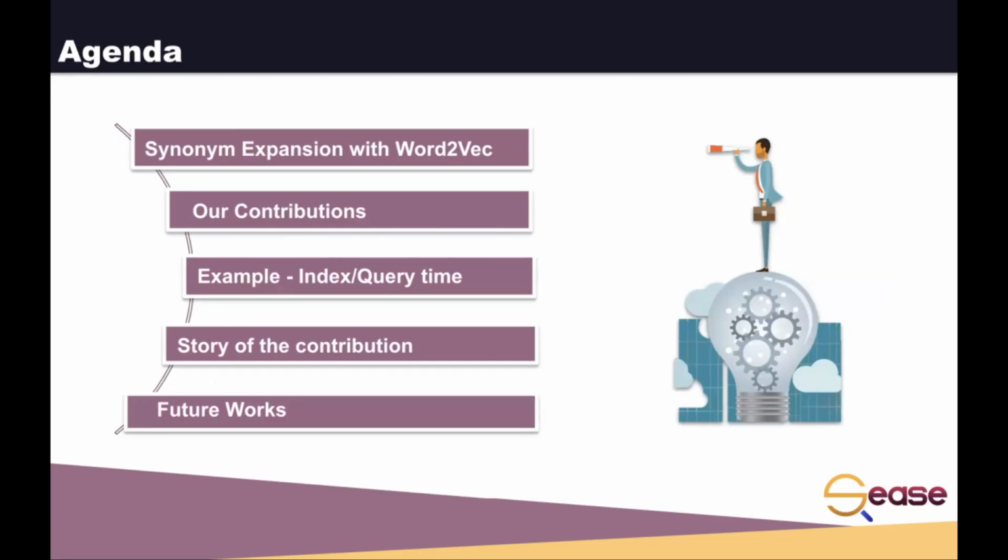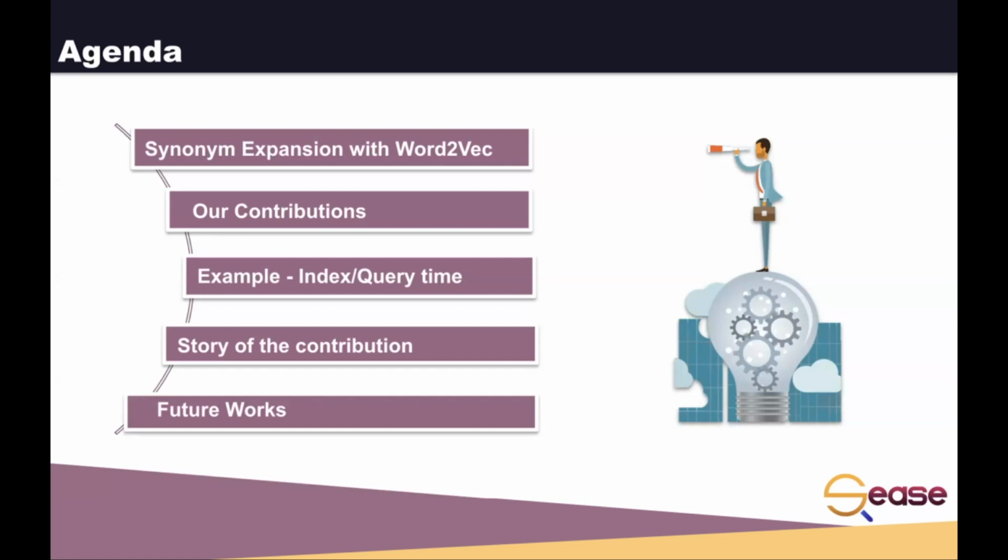I'm going to give a brief introduction about why synonym expansion is important in search engines like Solr, Elasticsearch, and so on. We mostly highlight Lucene and Solr. We briefly introduce Word2Vec. Then we see what the purpose of our contribution was.